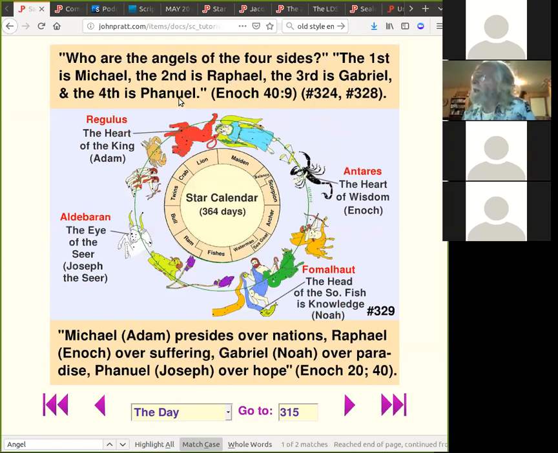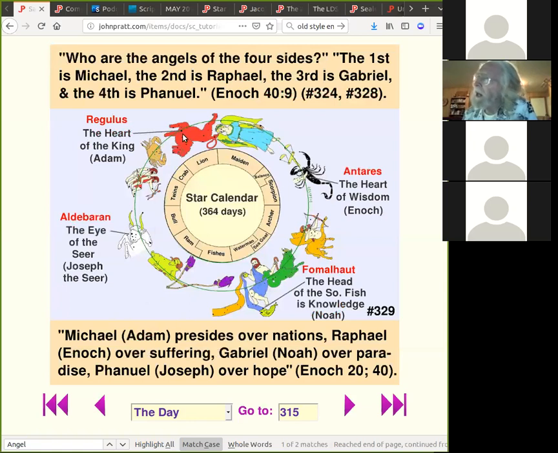It's usually Uriel, they think, and there's a reason they think that, and that's fine. Those are 4 important angels that have other jobs, but the 4 on the 4 sides are these 4. And they represent servants of God. These are the 4 brightest ones, and they're going to be the 4 main ones of the 7 angels.